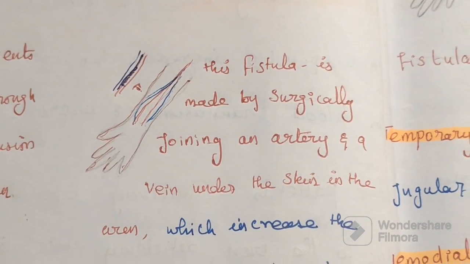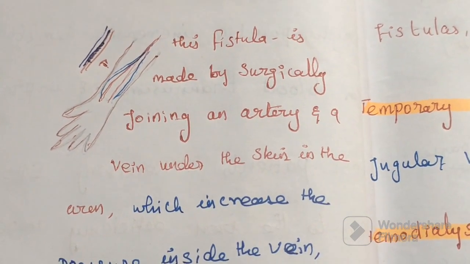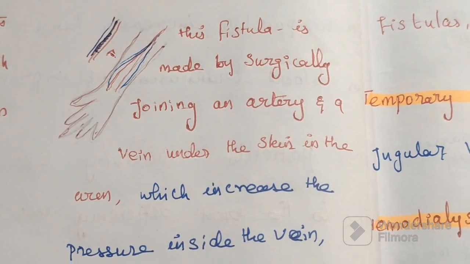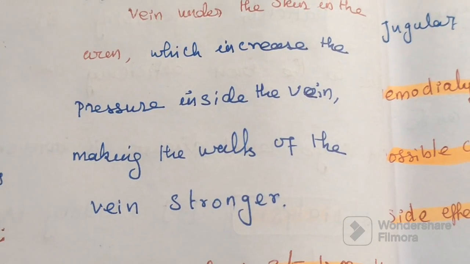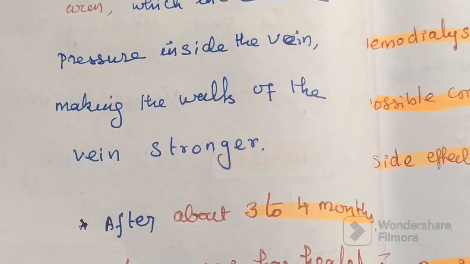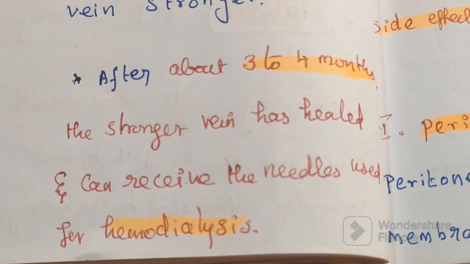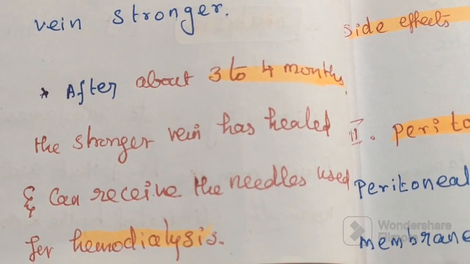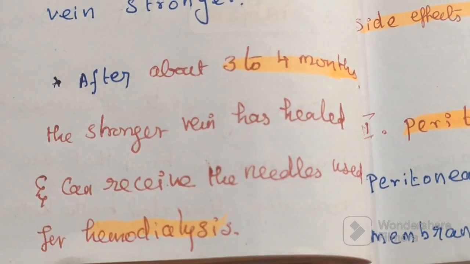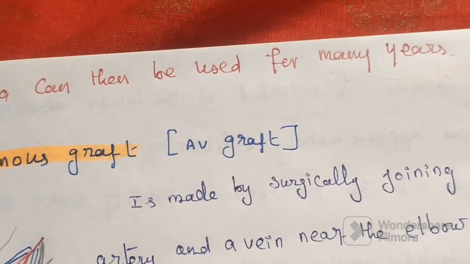This fistula is made by surgically joining an artery and a vein under the skin in the arm, which increases the pressure inside the vein, making the wall of the vein stronger. After about 3 to 4 months, the stronger vein has healed and can receive the needles used for hemodialysis. The fistula can then be used for many years.